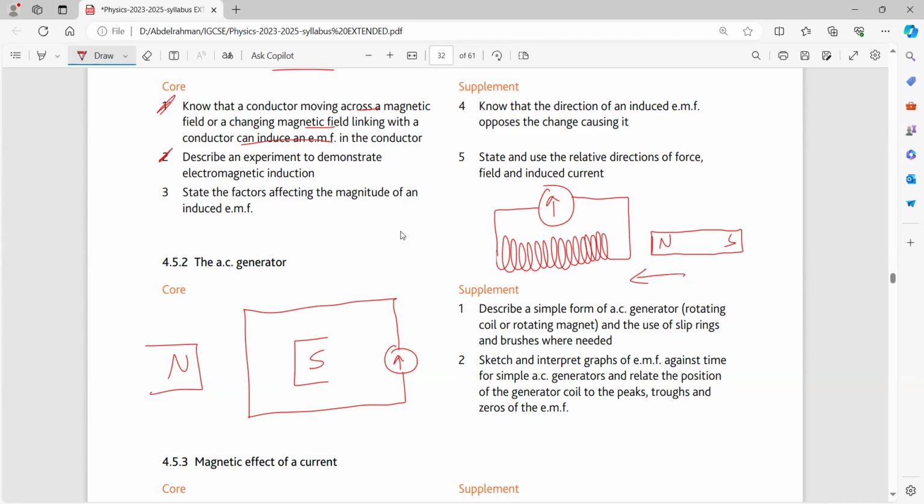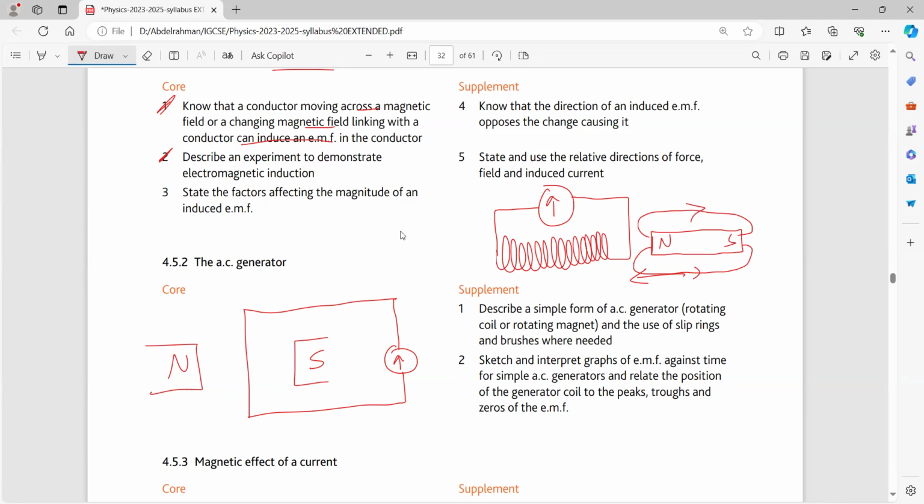Whenever this magnet moves towards the coil, what happens? The magnetic field lines of the magnet cut the coil. Whenever they cut the coil, an induced current is produced inside the coil. That's it.